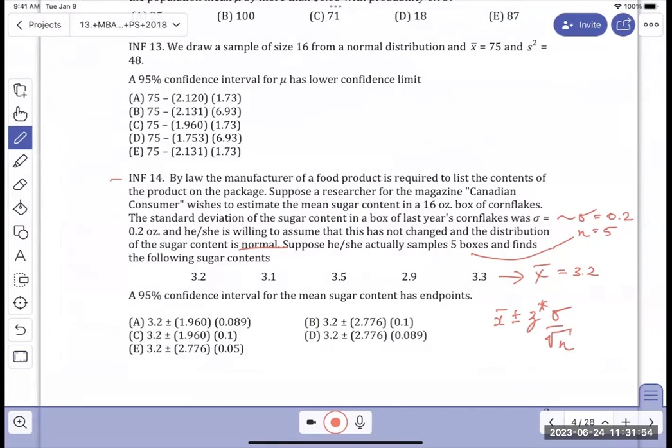Let's say we were doing the hypothesis test here. What would be the hypothesis? What would be in the box?